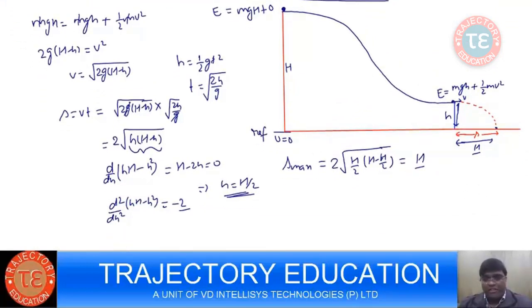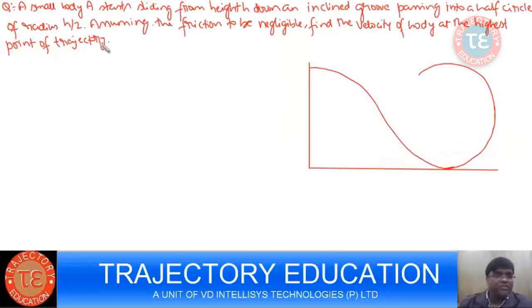Now let's go for the next question. See this question. A small body A starts sliding from height h. It starts sliding from height h down the groove, passing into a half circle.